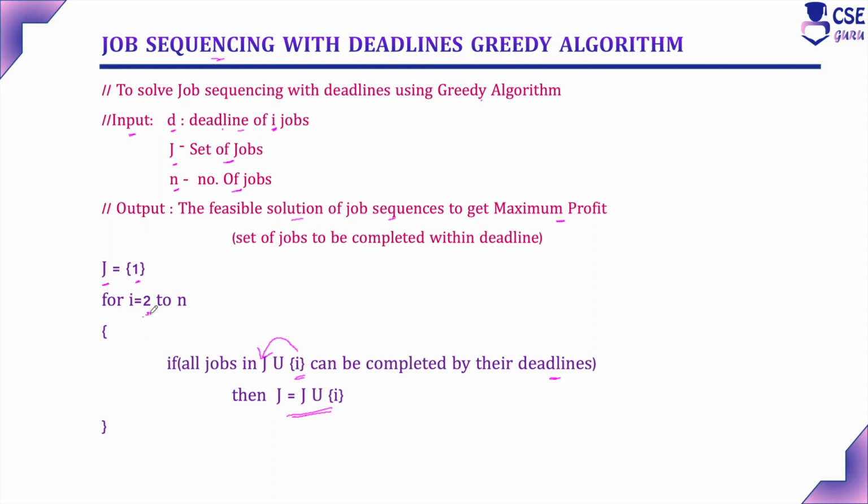So from the second job to the nth job, we need to consider each job, and if it can be completed within its deadline, add that job to the job subset. Then one by one, by considering its deadline, we can select the job and assign it to the computer for execution. So this is the greedy algorithm.